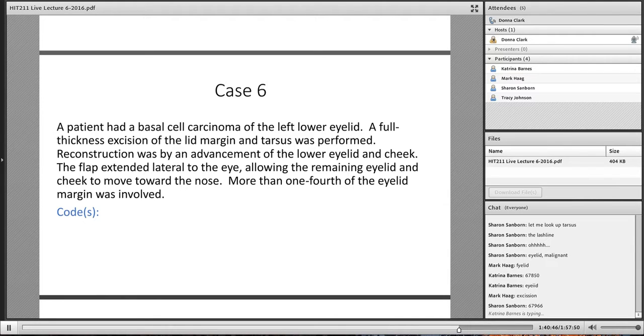I got mine. I went to repair, eyelid, excisional. And 67, 679.